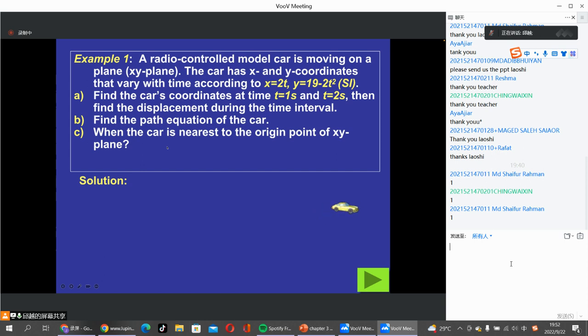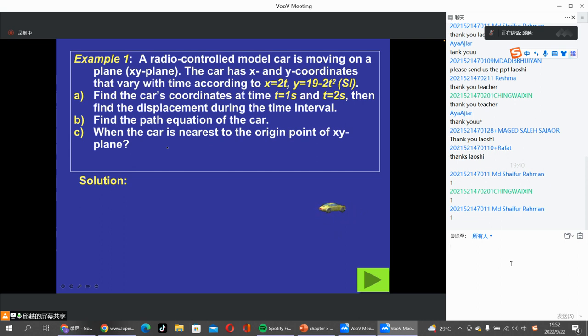The car has X and Y coordinates that vary with time according to x equals 2t, y equals 19 minus 2t squared. And problem A, find the car's coordinates at time t equals 1s and t equals 2s.